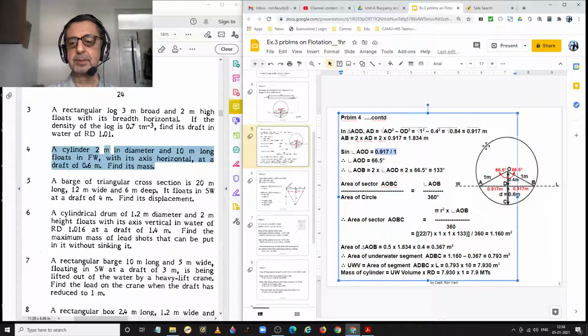Therefore, the area of the sector AOBC divided by the area of the circle is equal to angle AOB divided by 360, 360 being the angle that is subtended by the circle at its center O. So the area of the sector AOBC is equal to the area of the circle, pi r square, multiplied by angle AOB divided by 360.